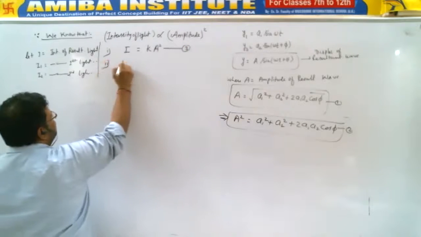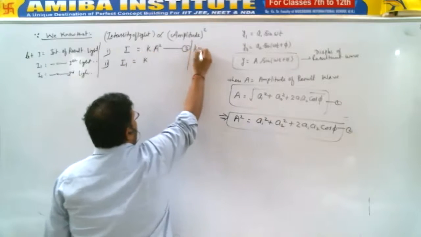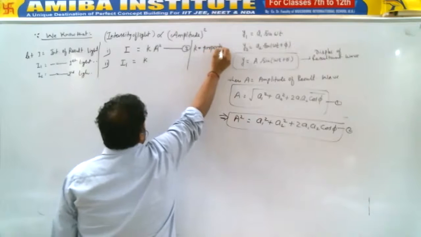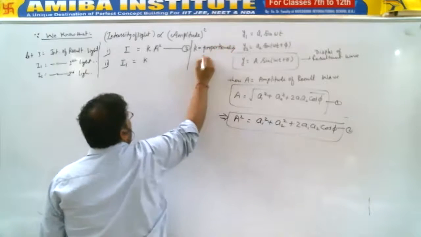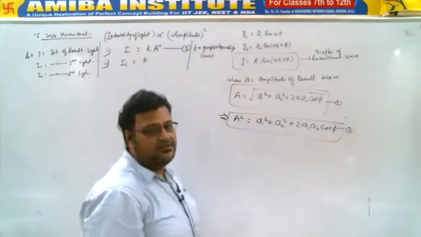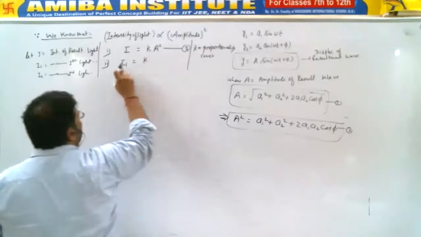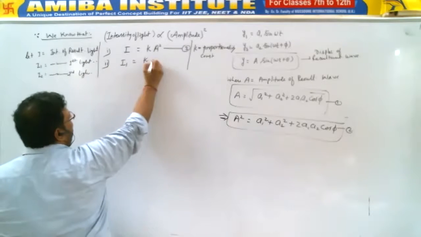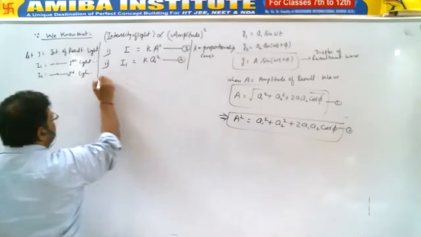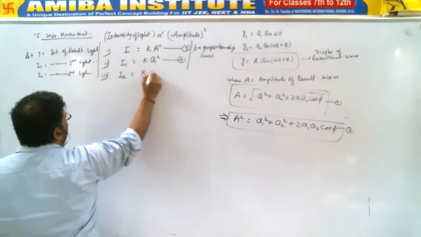Similarly, with respect to I1, there should be a constant. K is the proportionality constant, which means it will remain the same for each and every intensity and amplitude. So I1 should be K into the respective amplitude square, A1 square. Similarly, I2 is equal to K A2 square.